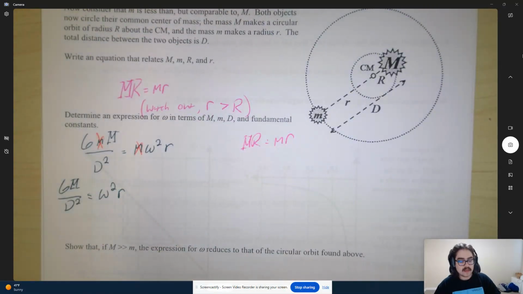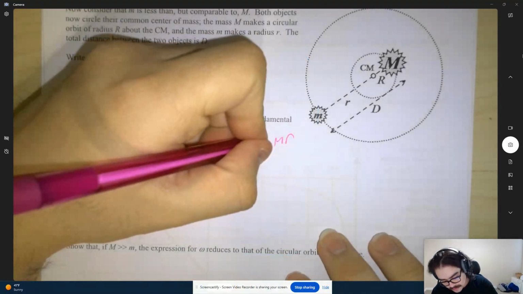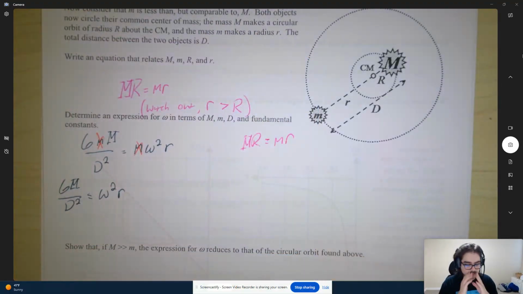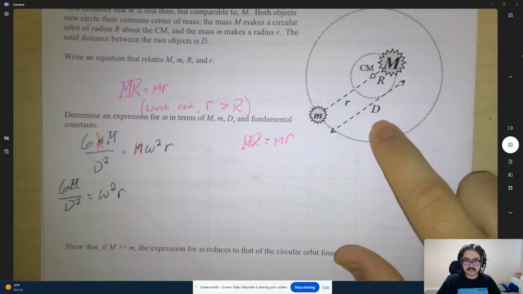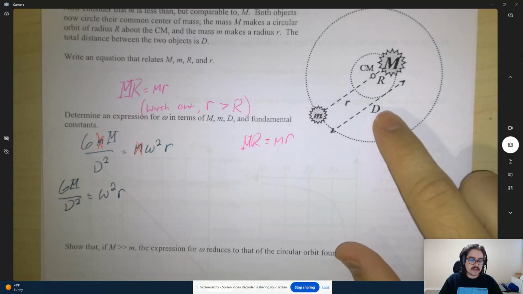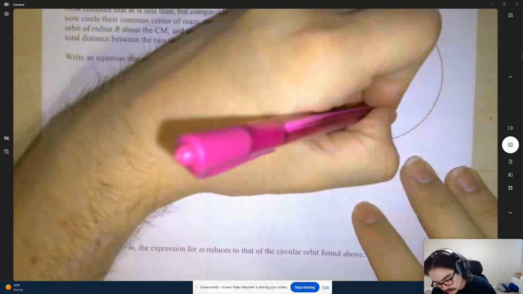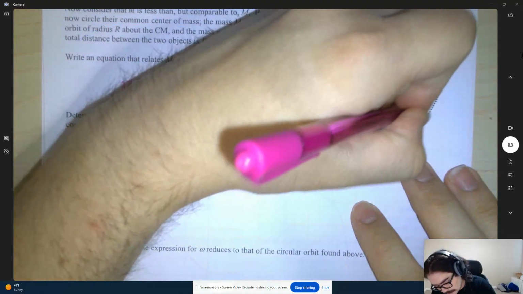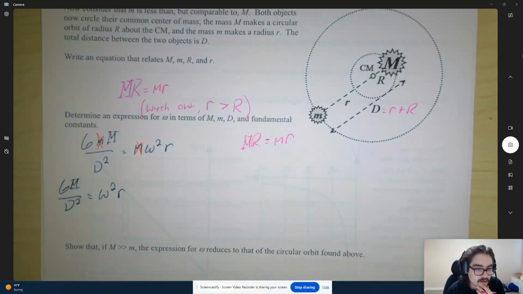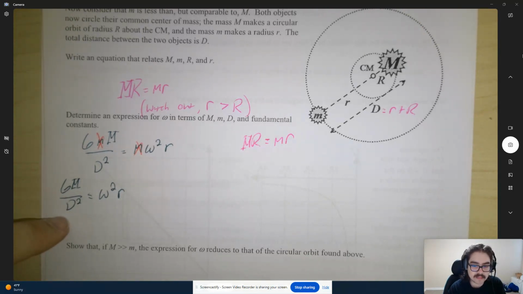What I want to realize is that this d right here is equal to the two radii combined, little r plus big R. Ultimately I want to get things in terms of d, because that's what I'm allowed to have.